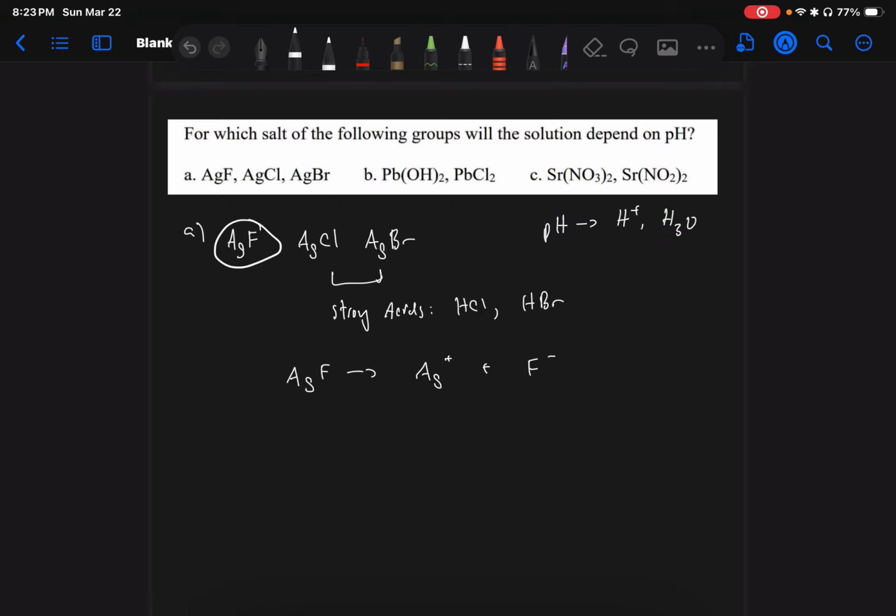I would understand if it were saying it will not depend, but I'm getting the reverse answer right now. Increased solubility will occur when the product A minus is removed. Salts that have anions of weak acids will be influenced by pH as the anion is being removed.